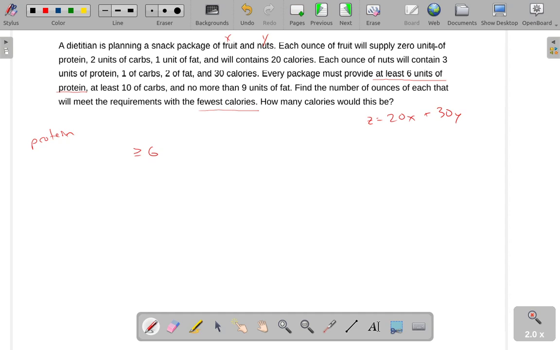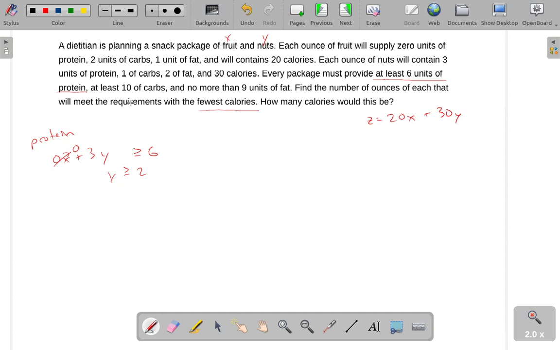Each ounce of fruit contains 0 units of protein, so 0x. And each ounce of nuts contains 3 units of protein, so 3y. Of course, this equation could be simplified. That part just goes away. This is just 3y is greater than or equal to 6, or y is greater than or equal to 2. And it's handy as far as graphing. That's how I'd prefer to look at that one anyway.